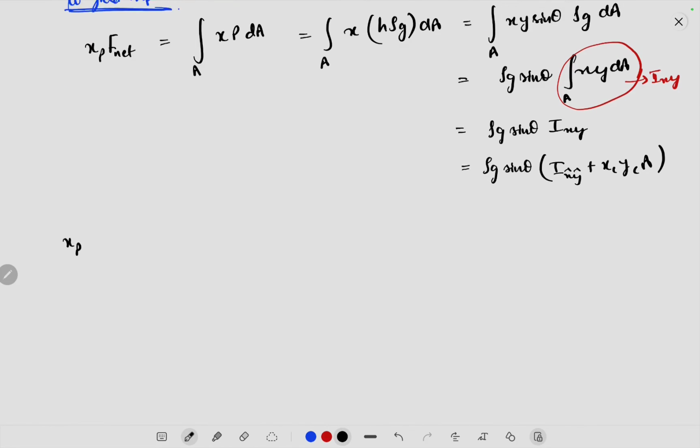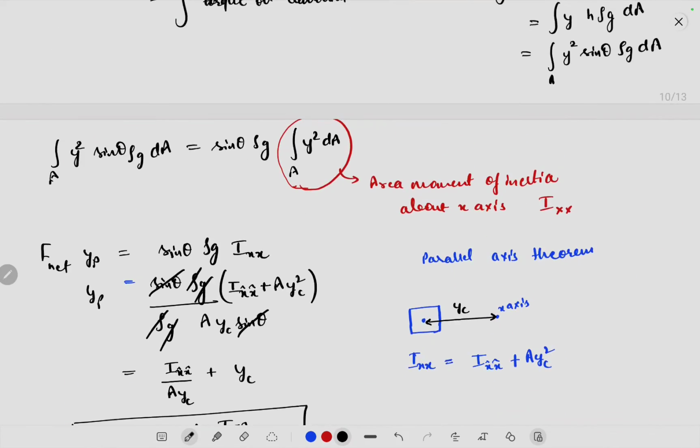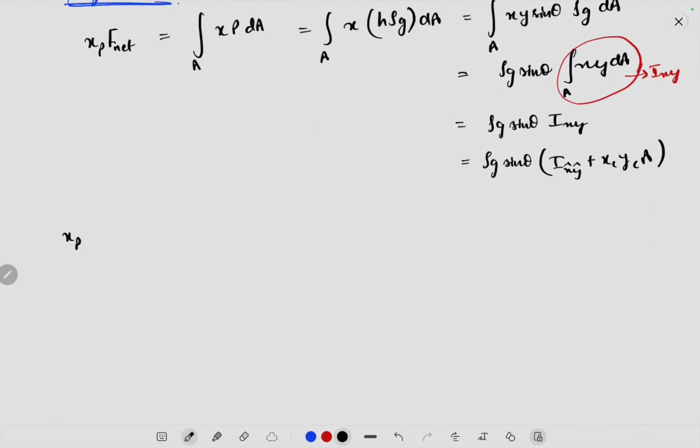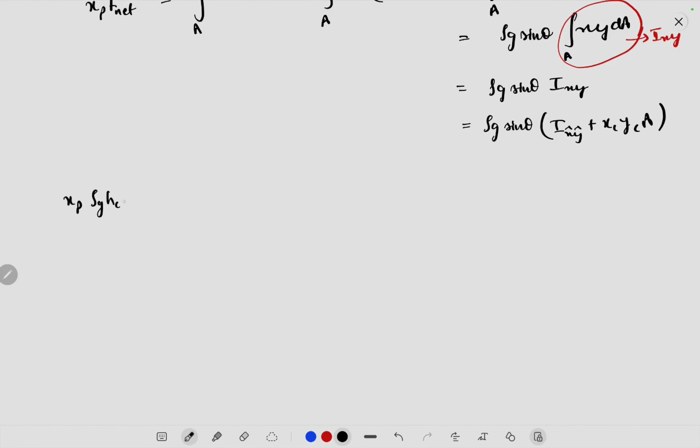Writing the expression for f net: what is the expression for f net? F net is rho g hc times a, where g is gravity, and this is equal to rho g sin theta times Ixy plus xc yc times a. This rho g would cancel out with rho g, and xp would be sin theta by hc.